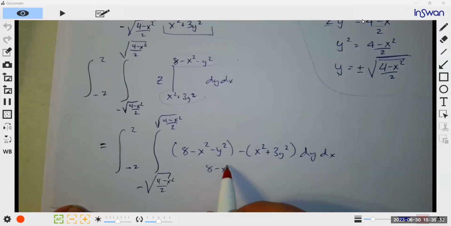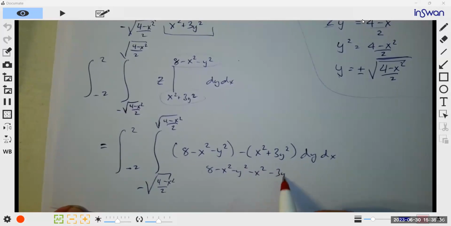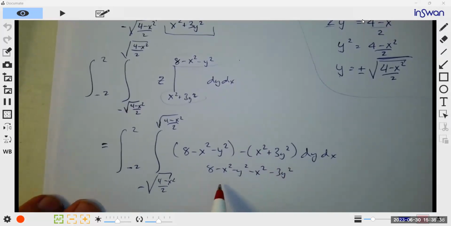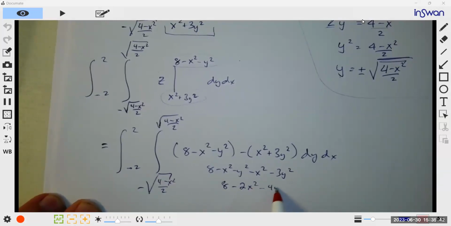So that becomes 8 minus x squared minus y squared minus x squared minus 3y squared, which is 8 minus 2x squared minus 4y squared.